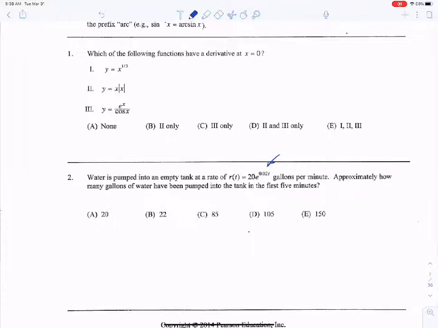So what am I going to do? I am going to integrate this function from 0 to 5. And again, full-on calculator question. Whatever this number comes out to be, that's our answer. Okay? In regards to number 2, do you have any follow-ups?